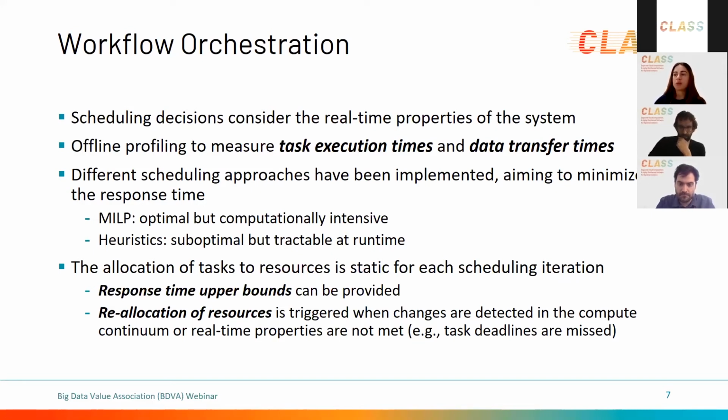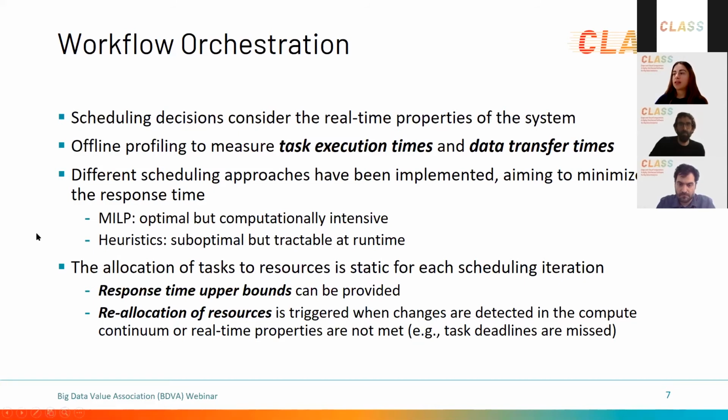And we have also tried with some heuristics that are suboptimal, but have a very good performance and limit the complexity to a more tractable level. So the outcome of these scheduling policies is that they minimize the response time and are able to distribute the workflows in a way that allows us to have some real-time guarantees.